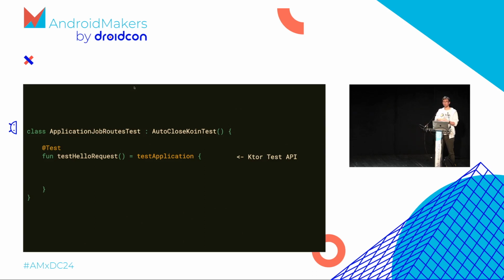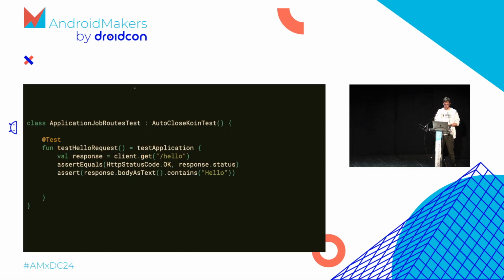And then you don't have to run your Koin configuration by yourself inside the test. But if you want to rerun the server, you will have to close the Koin context also. And then in test application, we test the response just to be sure that it's hello at the end, and that's it. Naturally you are using Koin inside this, and you don't have to set up anything else.